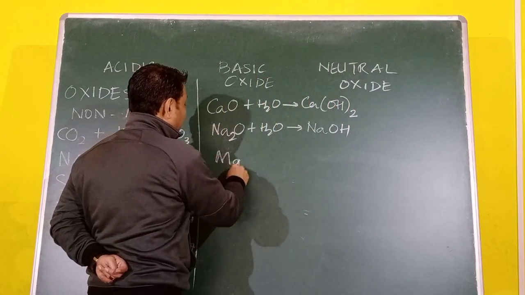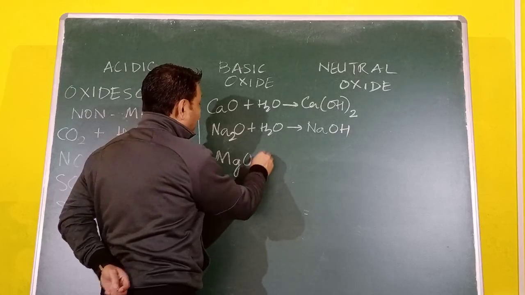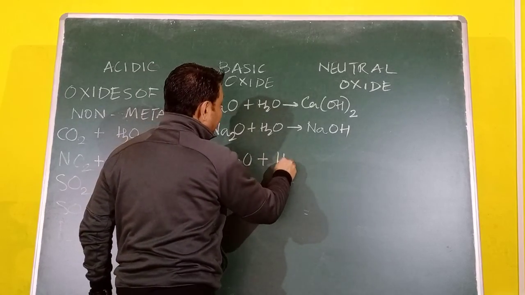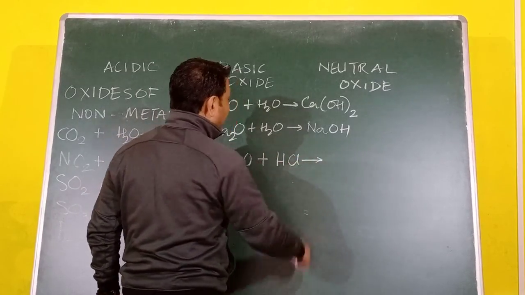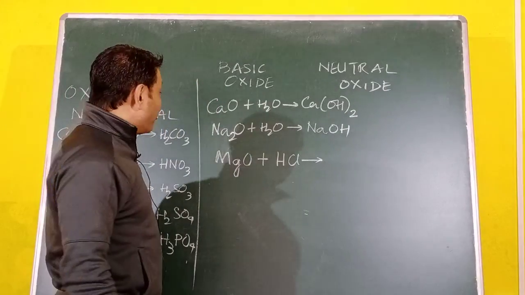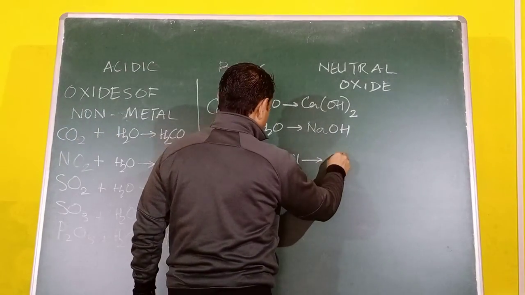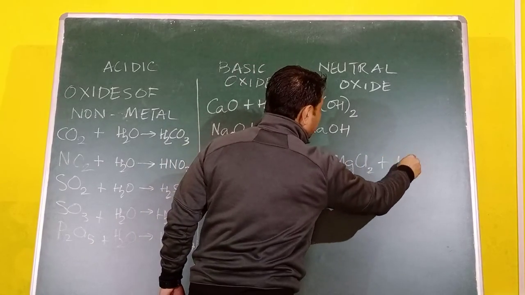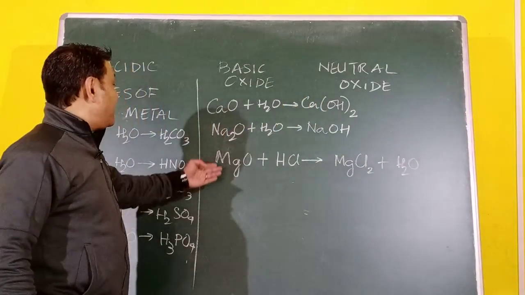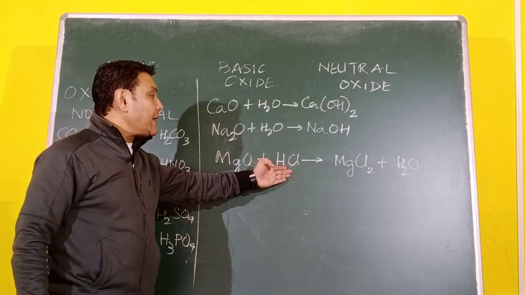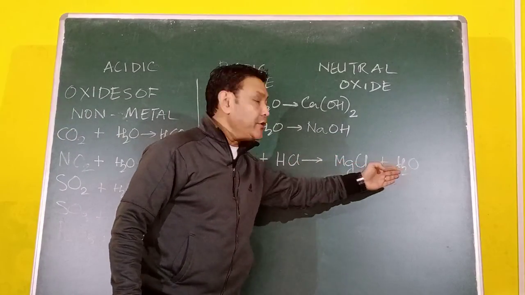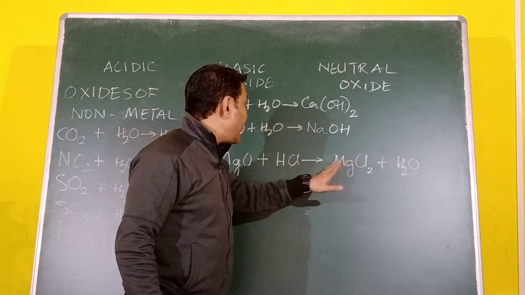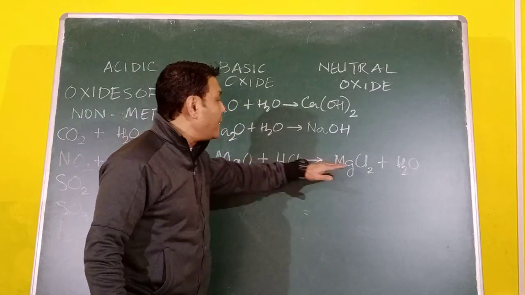Like magnesium oxide, MgO, reacts with an acid, let's say hydrochloric acid, HCl, to form salt and water, MgCl2 plus water. Of course, this is not a balanced equation. So acid is reacting with a substance to form salt and water.